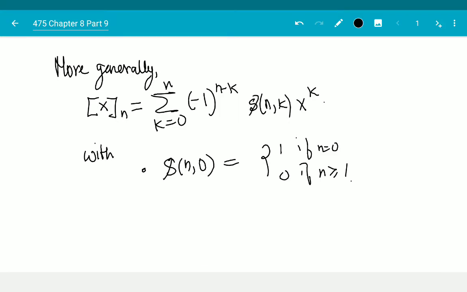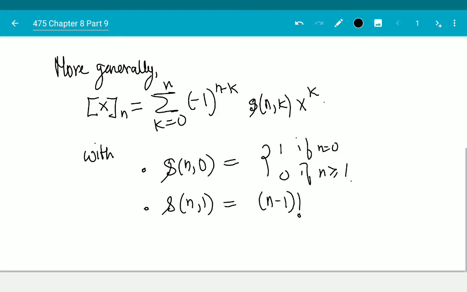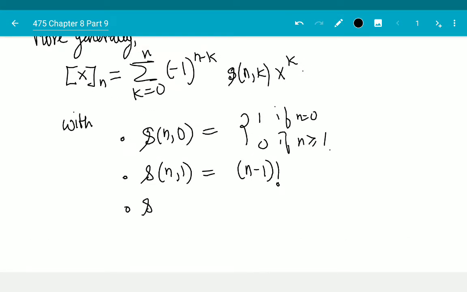So let me actually do these in cursive. Small s, s(n, 1) is equal to n minus 1 factorial, and s(n, n) is equal to 1.